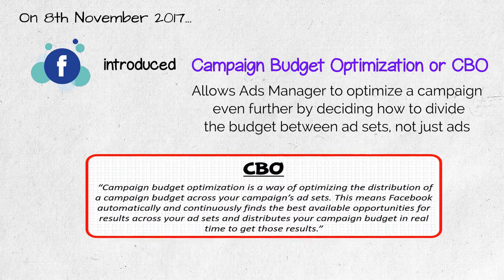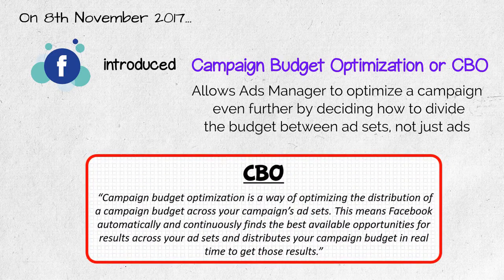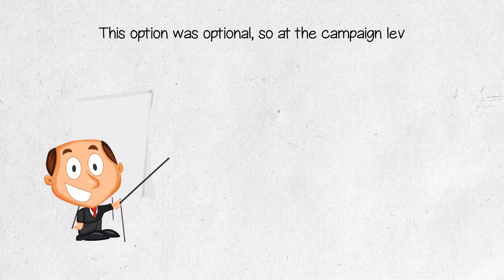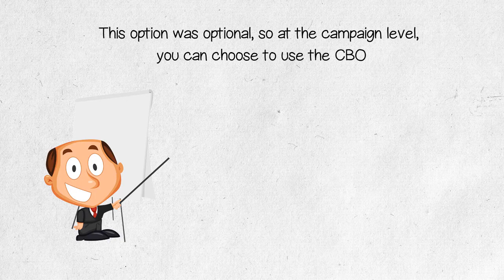Campaign budget optimization is a way of optimizing the distribution of a campaign budget across your campaign ad sets. This means Facebook automatically and continuously finds the best available opportunities for results across your ad sets and distributes your campaign budget in real time to get those results. This option was optional, so at the campaign level, you can choose to use the CBO or not.